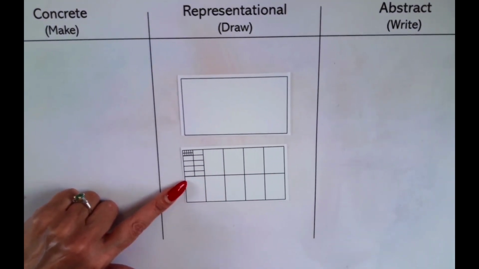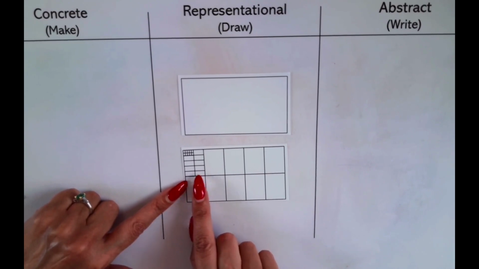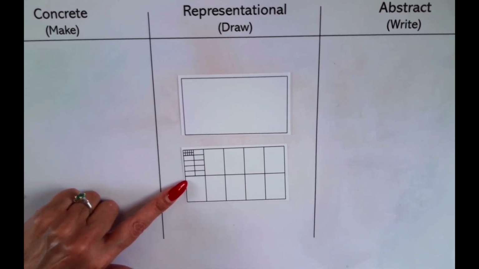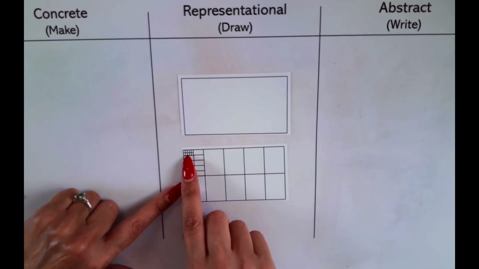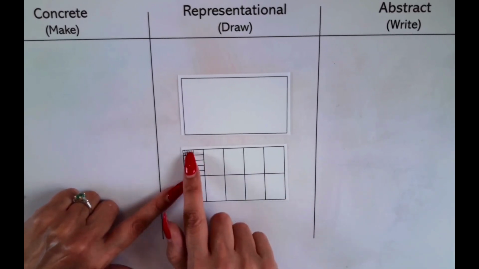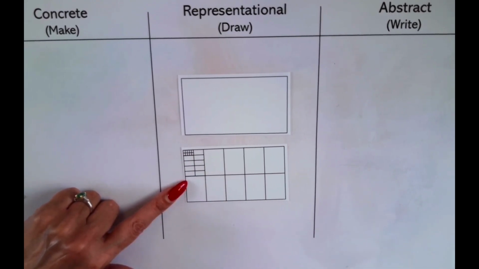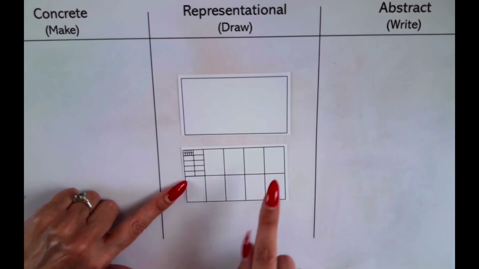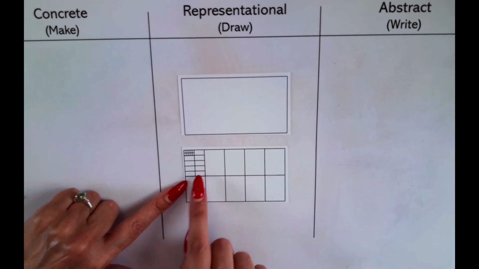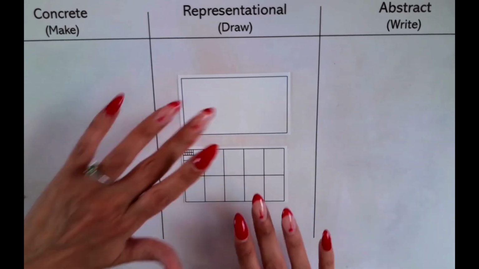Then we take 1/10 and we partition our 1/10 into another 10 parts. So each one of these smaller parts will be our 100th. And then we take our 100th and we partition them into 10 smaller parts. And each one of these teeny tiny things is worth 1,000th. Okay, 0.1, 0.01, 0.001. So that's how we would work with decimats.